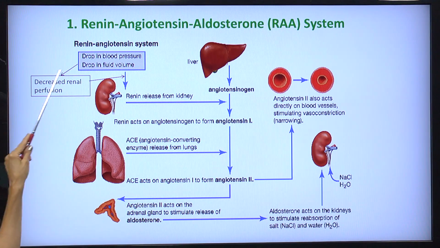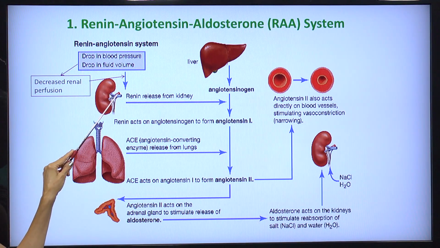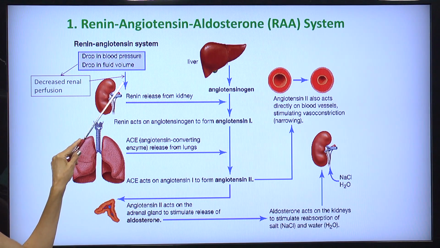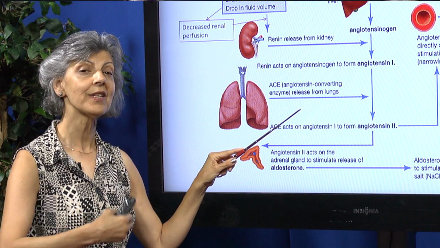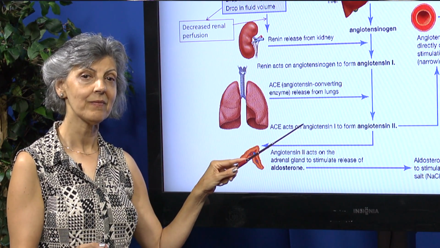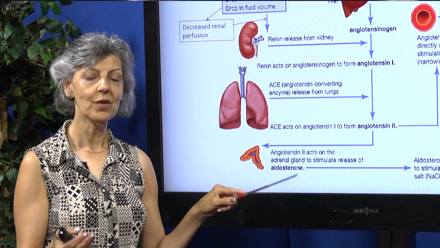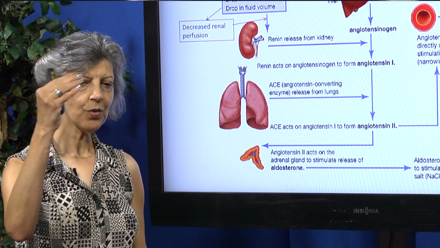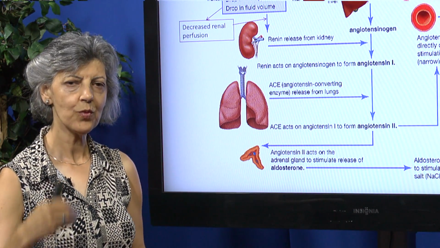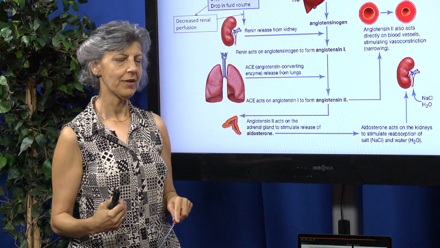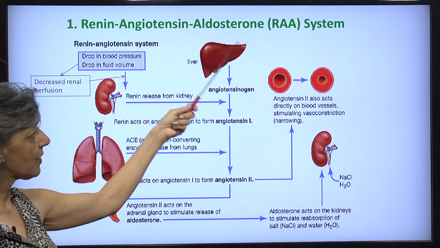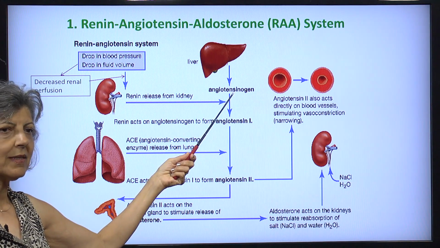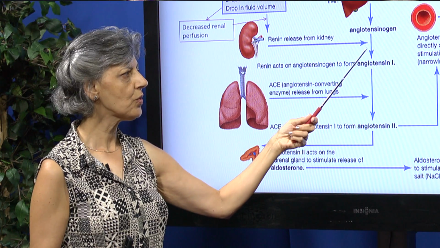If there is less renal perfusion, this will stimulate the juxtaglomerular cells to increase their secretion of renin. What does renin do? Renin is going to take us through several steps, and we're going to look at these very briefly. Renin converts a substance from the liver called angiotensinogen into angiotensin 1.